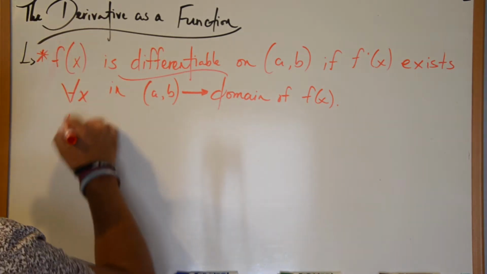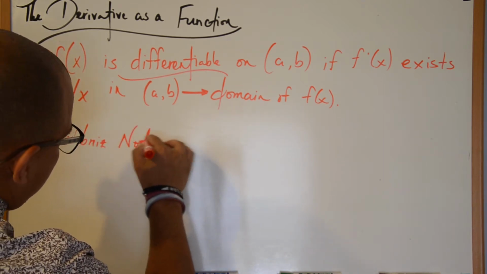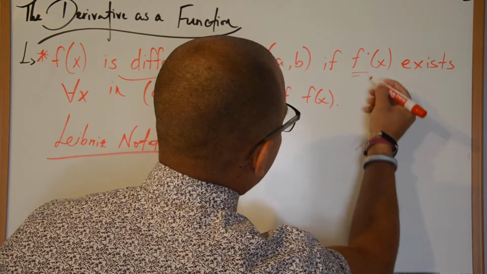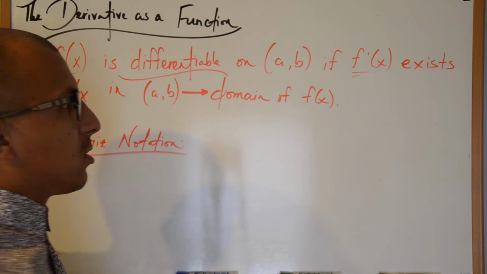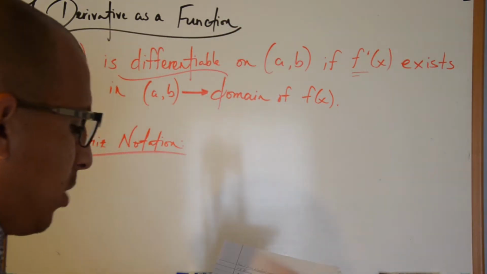Some notation that we can get out of the way. Leibniz notation. So we've been using primarily this f prime. If we were to take a second derivative, we would do another tick mark for double prime, triple prime, and so on and so forth.